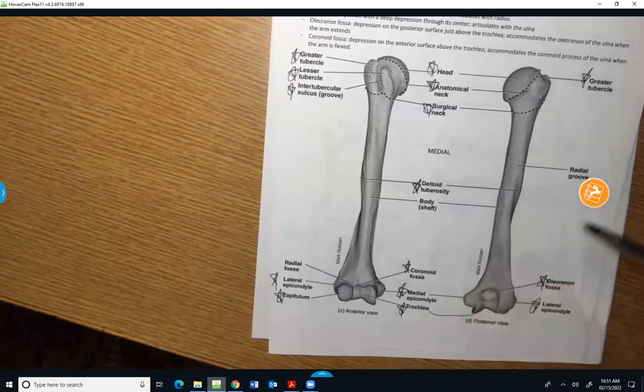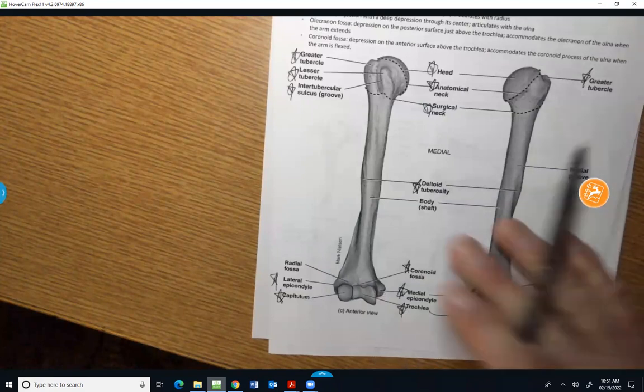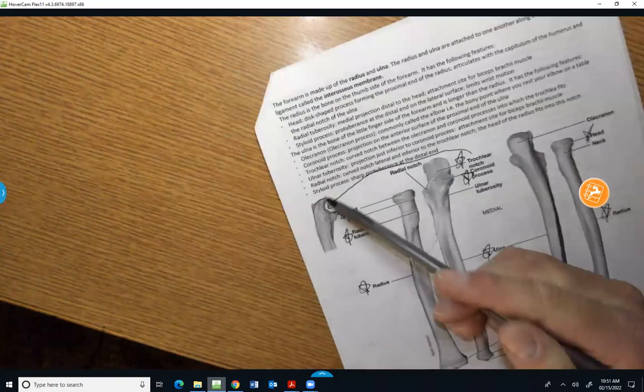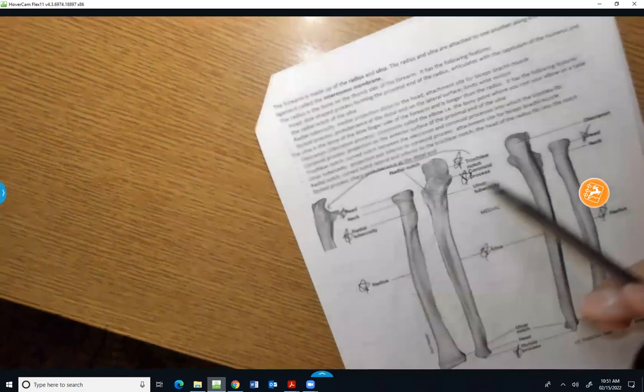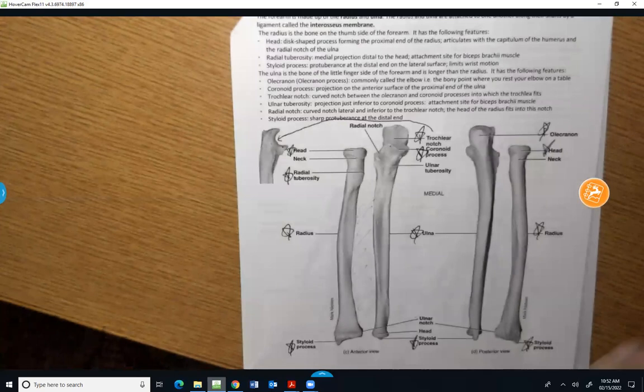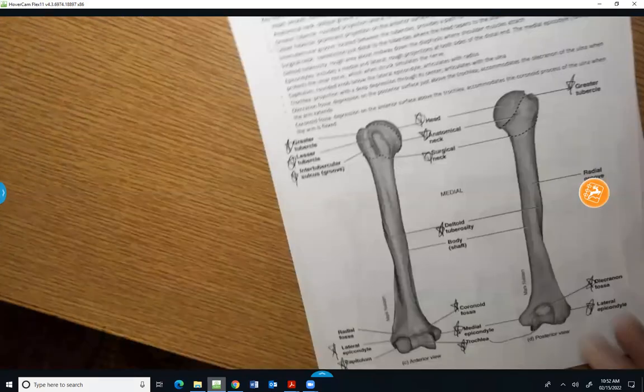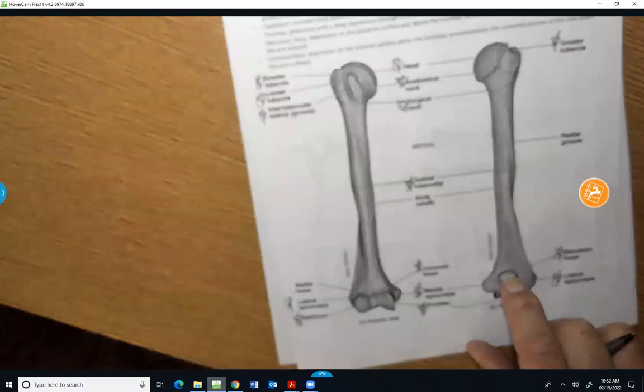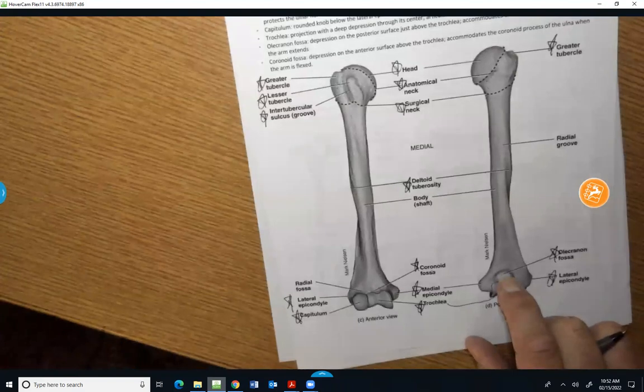When we extend our elbow, that point there, what's called the olecranon, fits right in there. So that's why they're named the way they are.